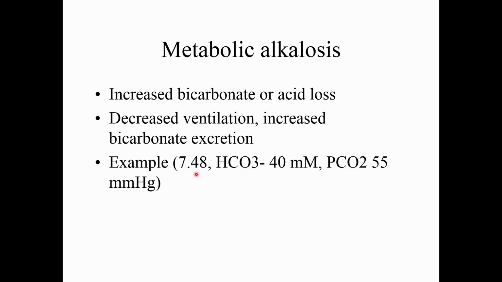All right, let's look at our pH. 7.48, so not the worst pH you've ever seen, but clearly that's alkalosis. Bicarb is really high, so suggests metabolic alkalosis. Now look at the PCO2, 55. So what is this person doing? It looks like this person is hypoventilating in order to increase their PCO2 to help with the acid.